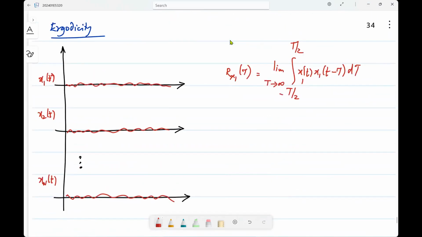Okay. And from this, I could calculate the power spectral density according to my previous definition. This is the Fourier transform. Okay. Similarly, I can do this for every one of my signals.